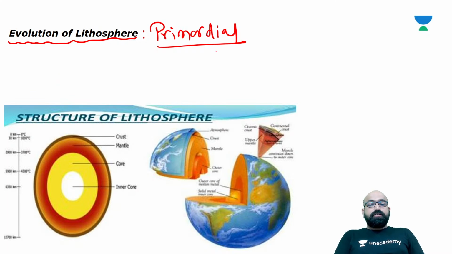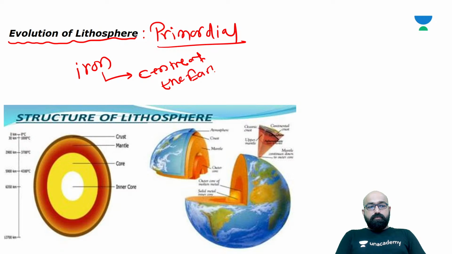So this allowed heavier materials like iron to sink towards the center of the earth, and the lighter ones to move towards the surface.